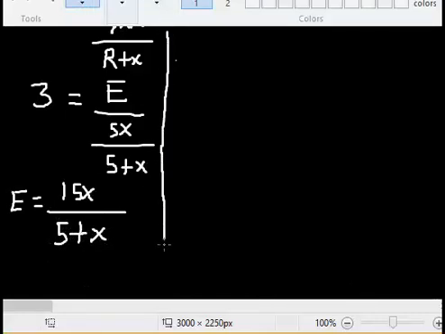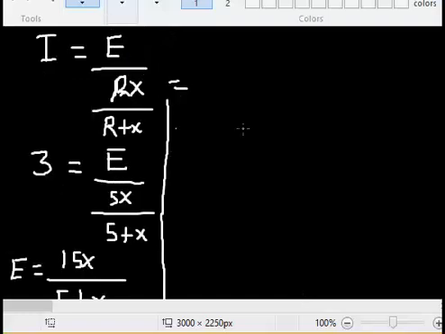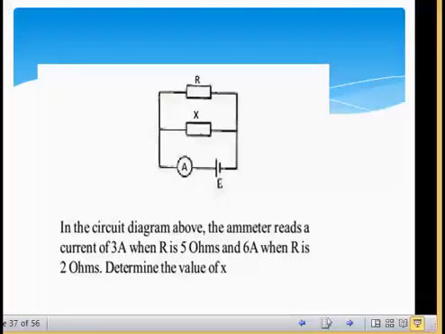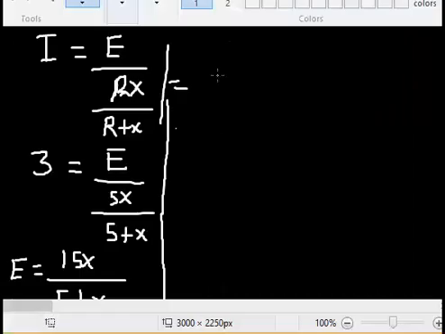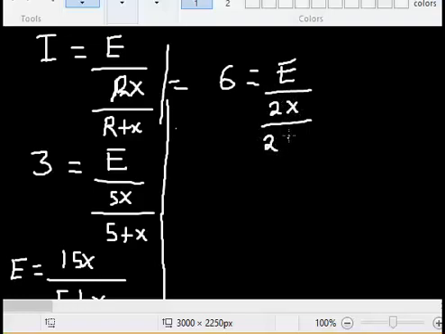Then I'll do the same for the other. Now, according to the same question, when the current is 6 ampere, then R is 2 ohm. So here I'm having 6 equal to E divided by 2x all over 2 plus x.